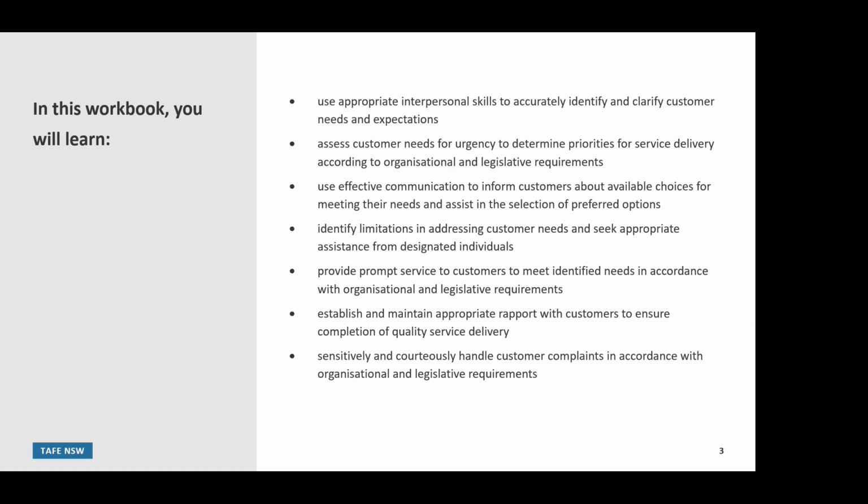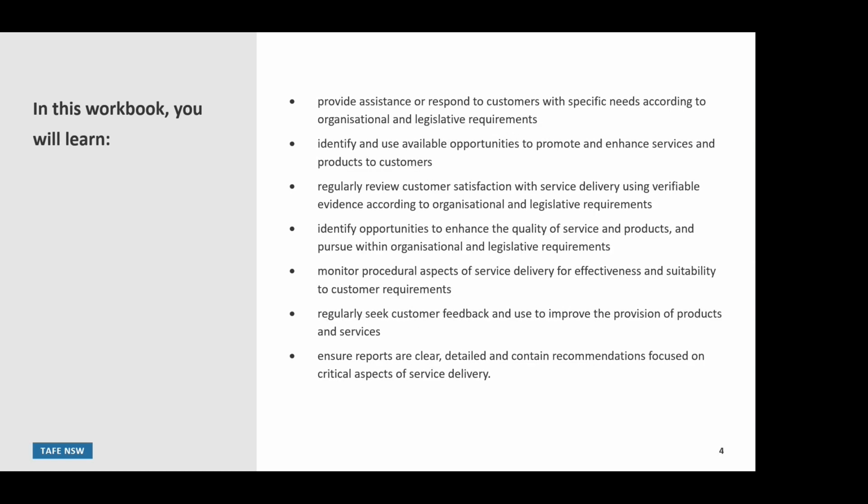And we're going to be sensitive to individual customers and what their needs are. We're going to provide assistance to respond to customers that have specific needs according to our organizational policies, procedures, and the legislative requirements. We're going to identify and use available opportunities to promote and enhance our services.